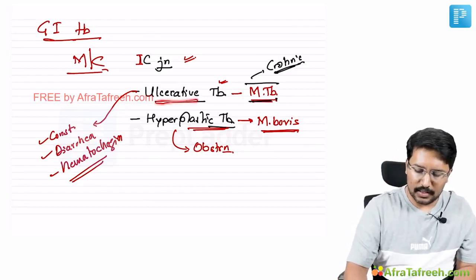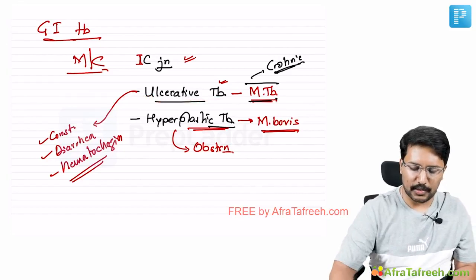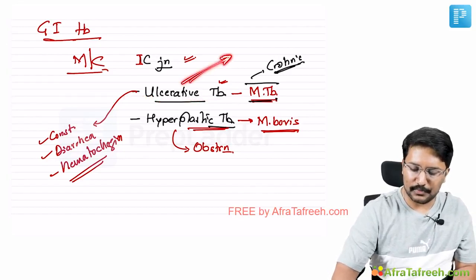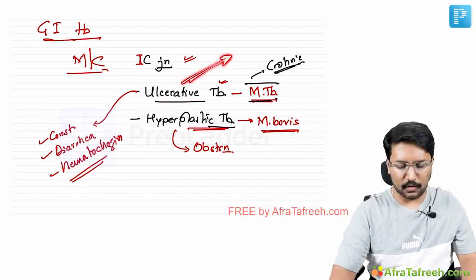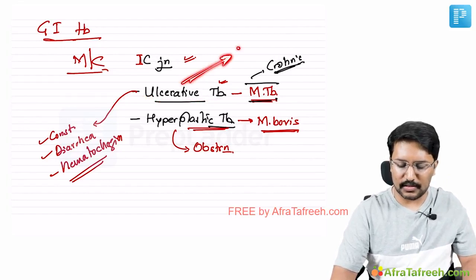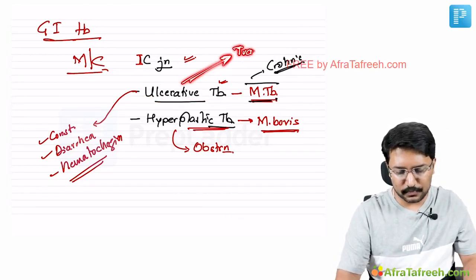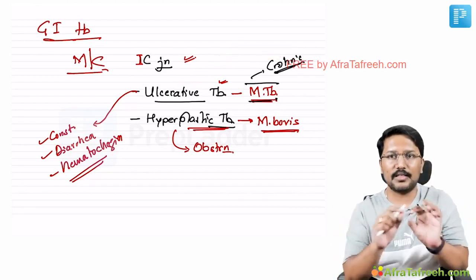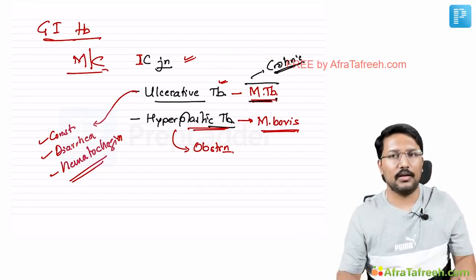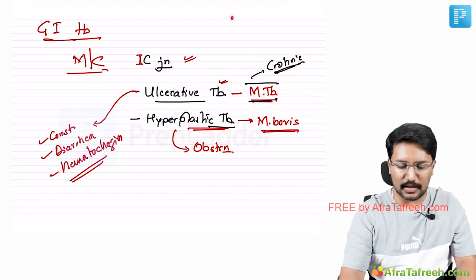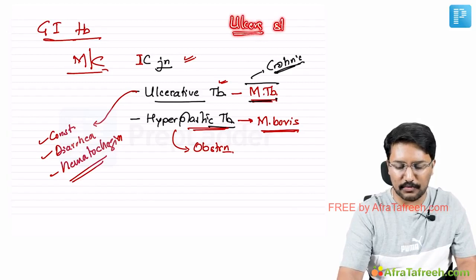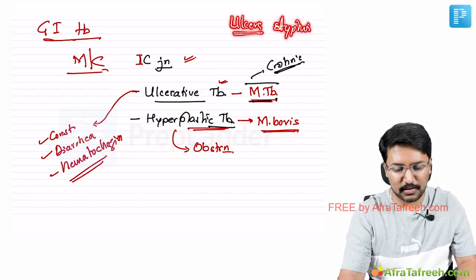Okay. Now, for these ulcerative forms of tuberculosis, there is one more point I want you to note. When you look at these ulcers under colonoscopy or endoscopy, you will notice that they are usually transverse, in the sense their long axis is in the horizontal plane, right? Why is this important? Because when we talk about ulcers in patients with intestinal salmonellosis or typhoid, typhoid perforation is very common.